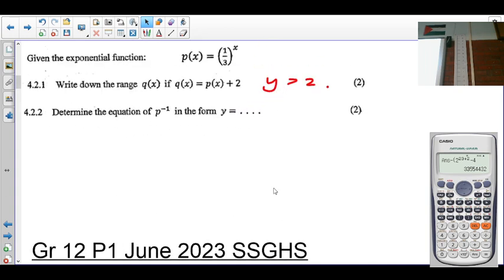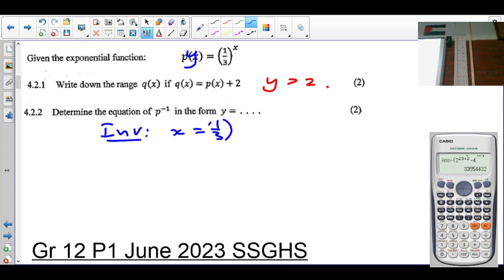The next question we are asked, 4.2.2, determine the equation of the inverse function of p. So what do we do for the inverse function? We interchange x and y. So then you've got x is equal to a third raised to the y. So therefore, y is equal to log x base a third.